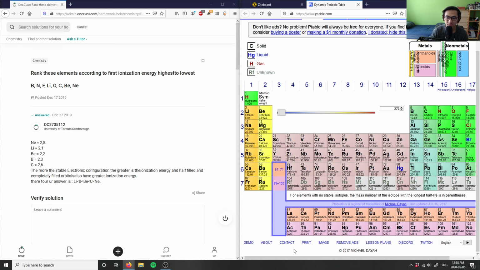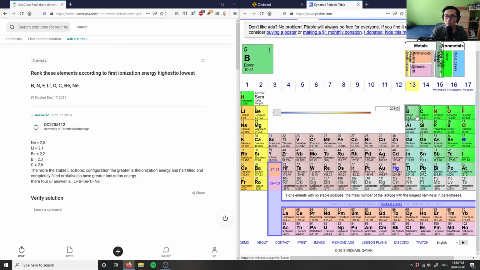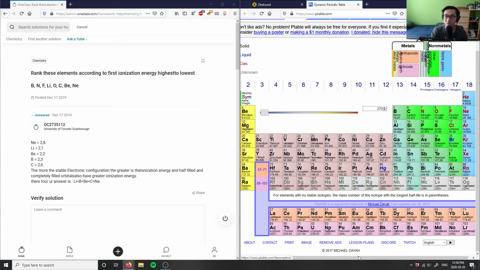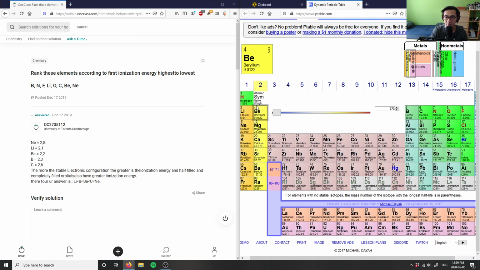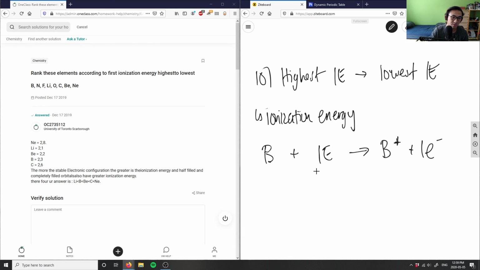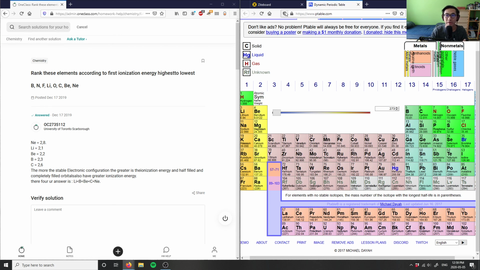So as you can see, looking at these, I have boron, nitrogen, fluorine, lithium, oxygen, beryllium, and neon. They all exist in the second row, and we know that ionization energy is going to increase as I go from left to right, because it's going to be a lot harder for me to take away an electron.